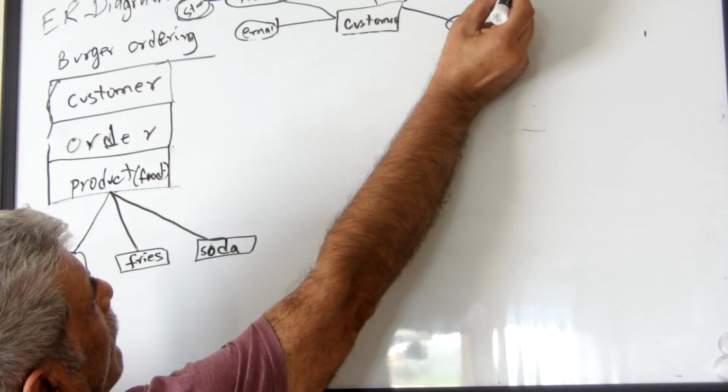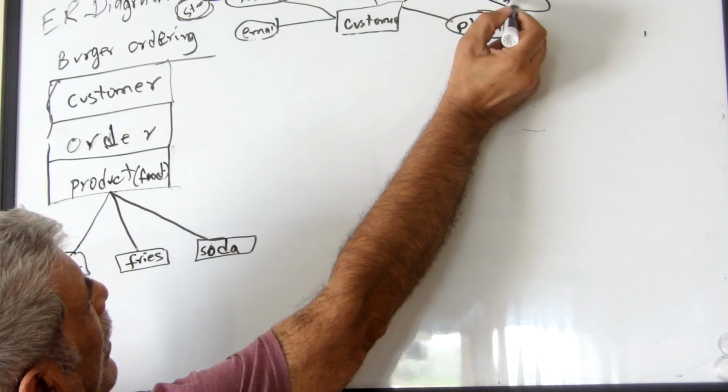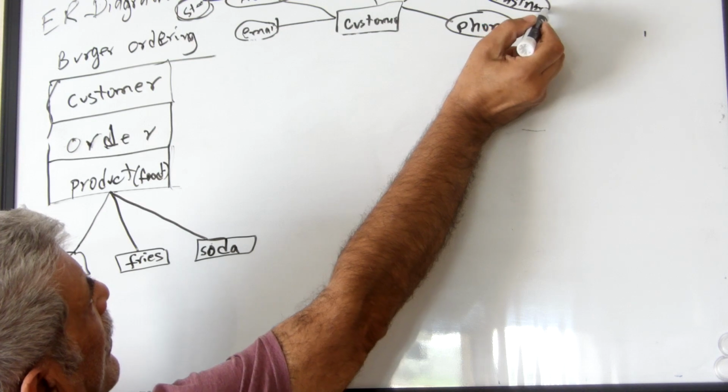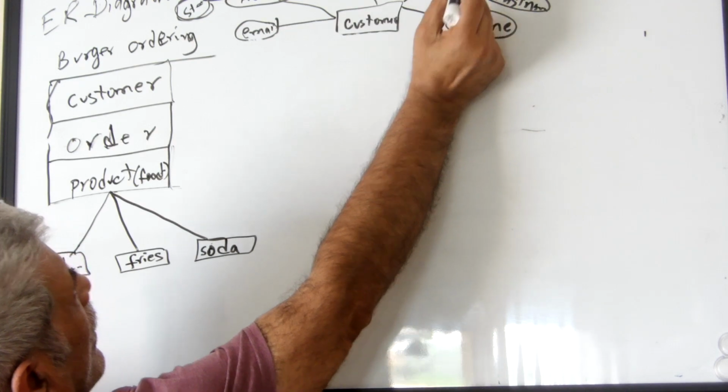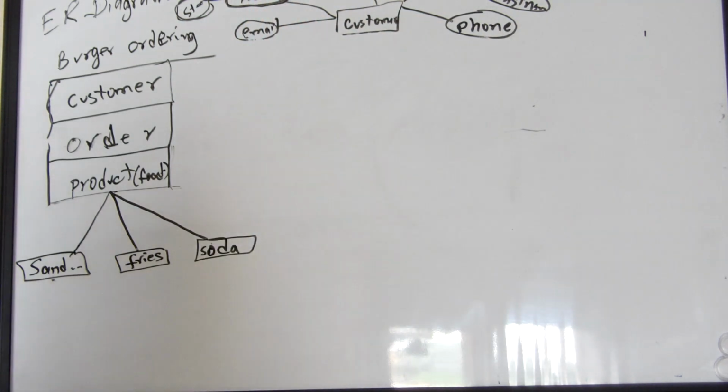It's the same for the name: you have first name and last name. These are composite attributes, and you write first name and last name in the table too.